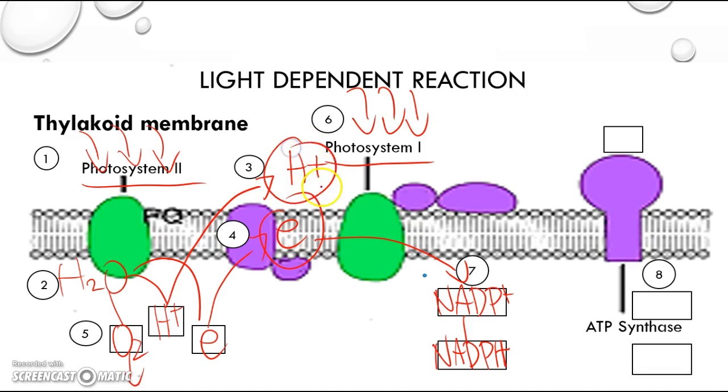And the H+ ions travel through the ATP synthase, which is right there. So they travel through ATP synthase and they change ADP into ATP. And that's how it works.